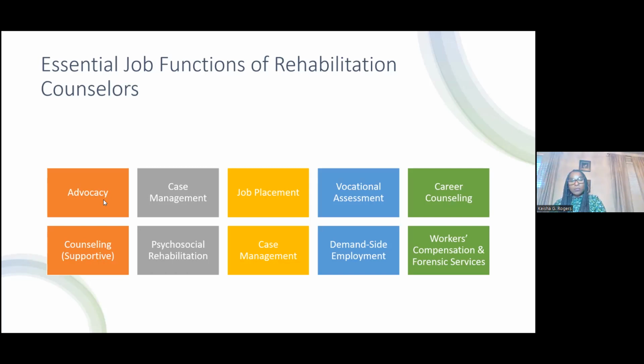We also provide psychosocial rehabilitation services, demand side employment. So again, talking to employers. We have what are called BRRs, business relation representatives, and they actually go out into the field and go to businesses and basically educate them, advocate for them to hire a person with a disability by informing them of certain financial incentives if they hire a person with a disability, teaching them about accommodations, because when we think about job accommodations, it's always this big thing, right?